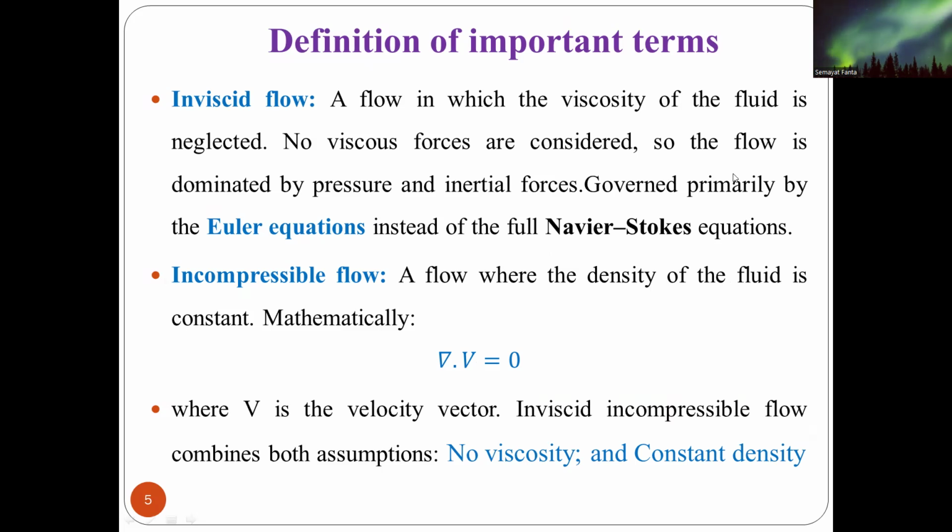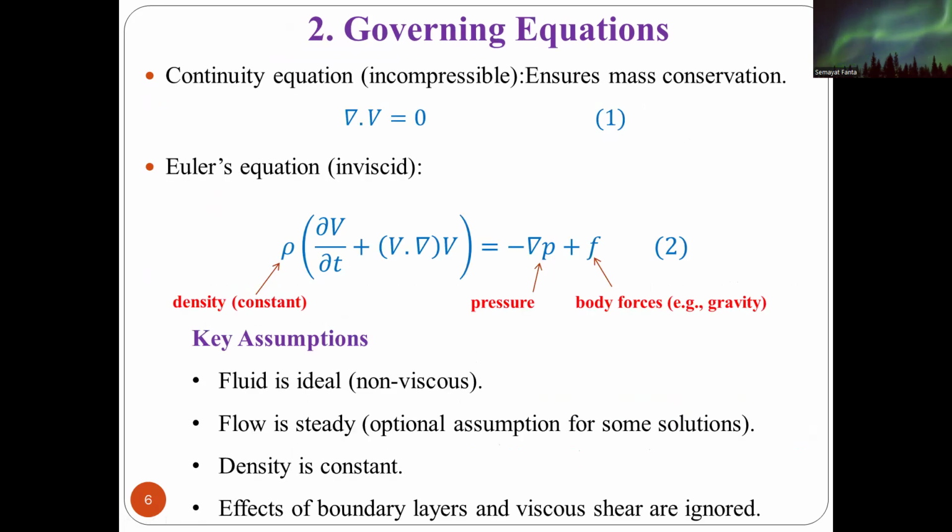So inviscid incompressible flow combines both assumptions. One is the no viscosity assumption, and another is the constant density assumption. The governing equation is the continuity equation, which ensures mass conservation, and the divergence of velocity is 0.